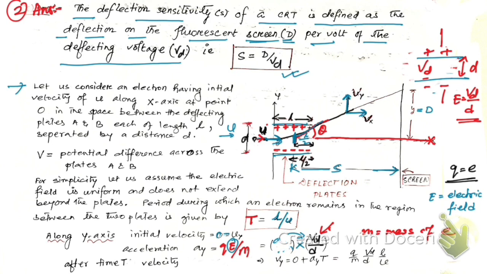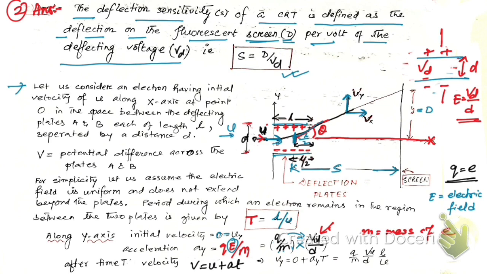This is q by m. And the velocity Vy along the y direction after time t. Here we have used this formula, v is equal to u plus at, right?